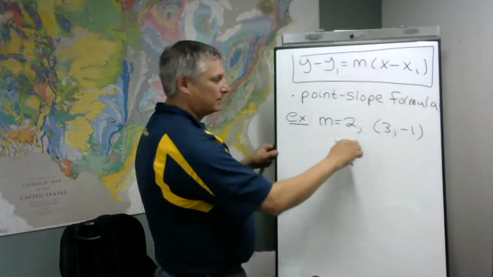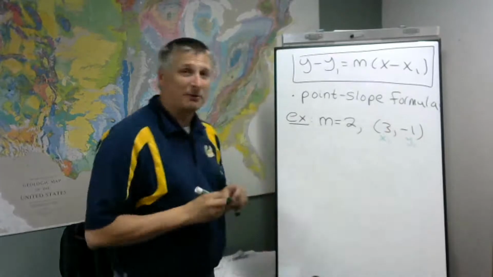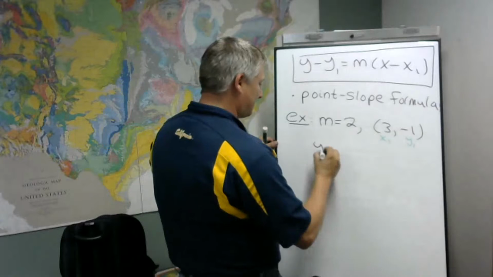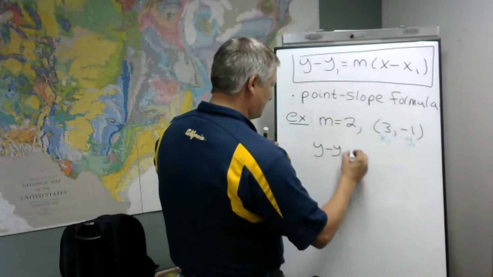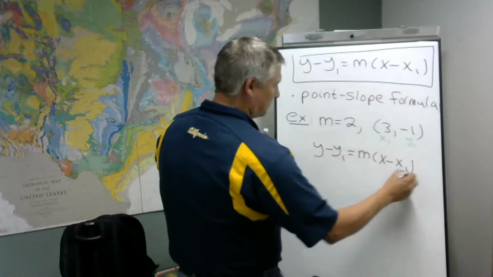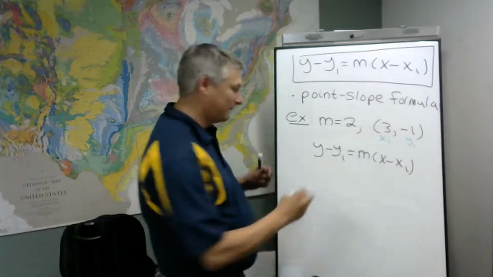we already have our m. Again, let's call this x1, call that y1. So we take our point-slope formula, and we plug in those numbers.